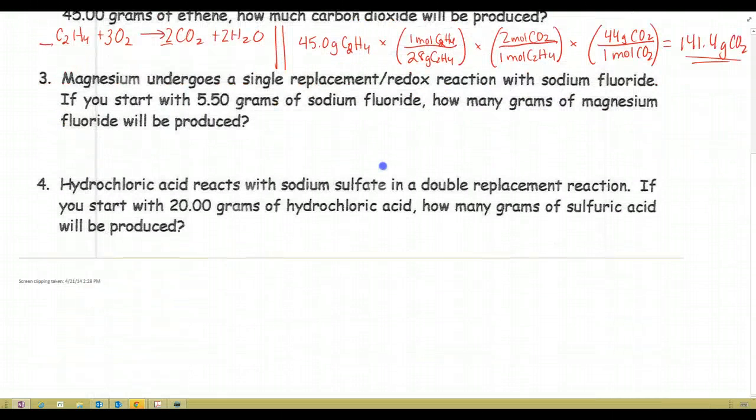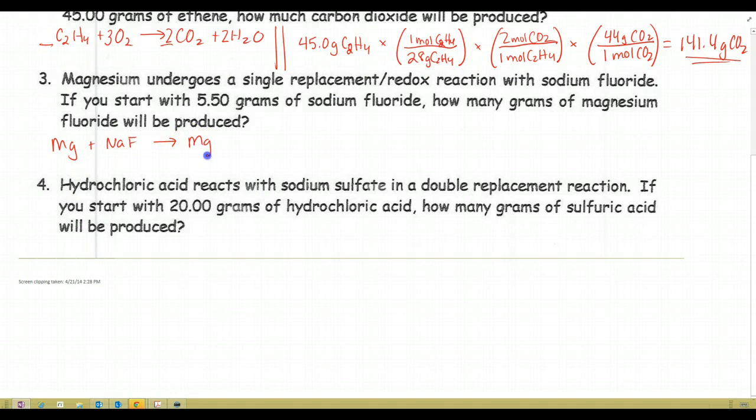Third example problem. Magnesium undergoes a single replacement reaction with sodium fluoride. So to balance this, I do the following. And I want to now calculate, if I start with 5.5 grams of sodium fluoride, how many grams of magnesium fluoride will be produced?